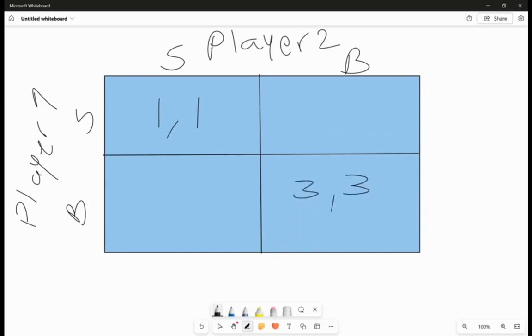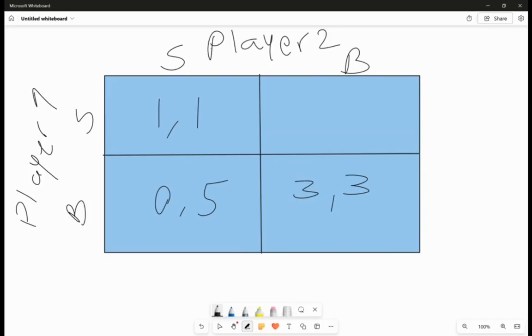Now, the outcomes could be written in the table, right? For example, if both player 1 and player 2 are remaining silent, then each player could go to jail for at most 1 year. So the outcome is 1 year for player 1 and 1 year for player 2, right? The first one always is attributed to player 1, and the second one is always attributed to player 2.